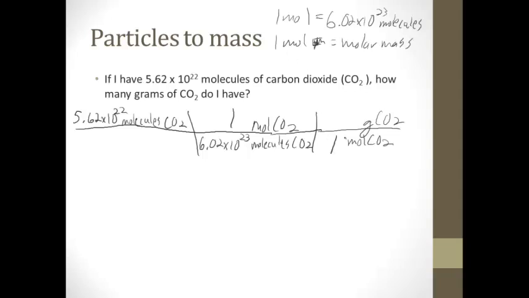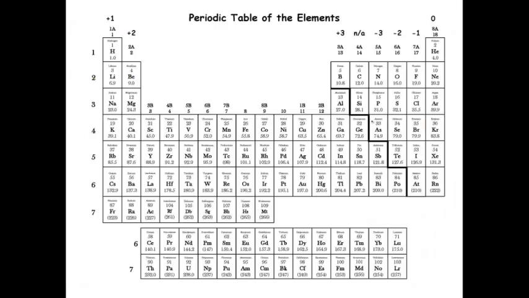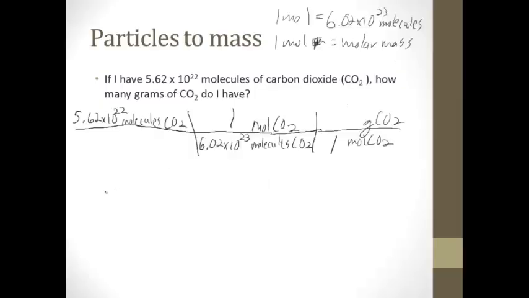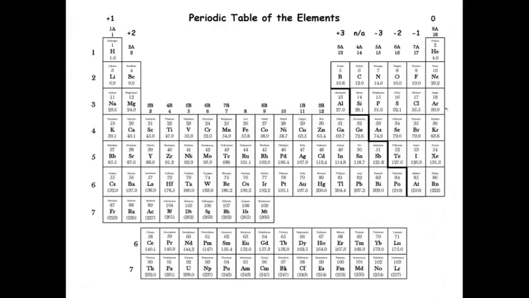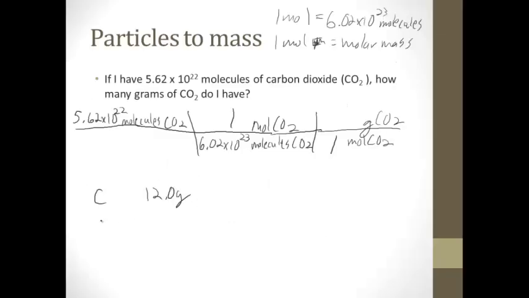Let's look, except this time we have a compound, 2 elements together. So hopefully you remember from last time. Let's find carbon first. It's right here, 12.0. So for carbon, we got 12.0 grams. And how many carbons are here? There's 1. Okay? So we can just leave that there. For oxygen, molar mass is 16.0 grams. But for oxygen, we have 2 oxygens in the formula.